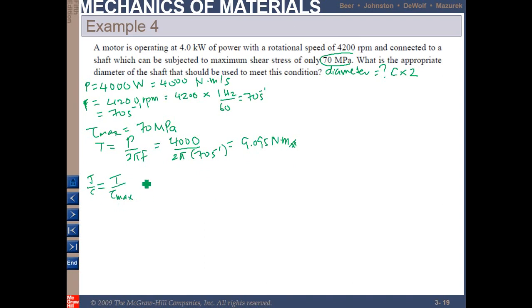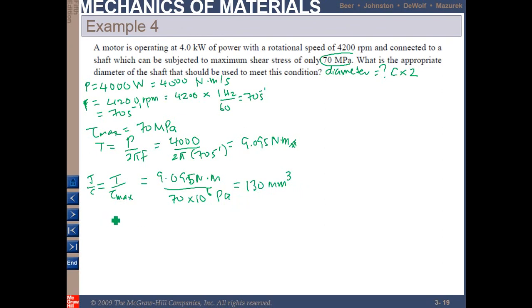So torque is 9.095 Newton meter over 70 megapascal. Mega is 10 to the power of 6. And you will get 130 mm cubic.